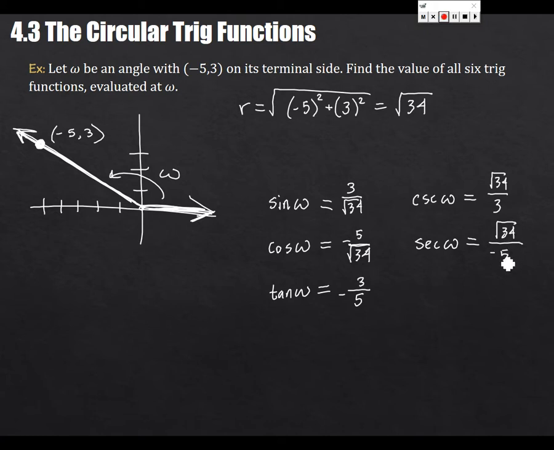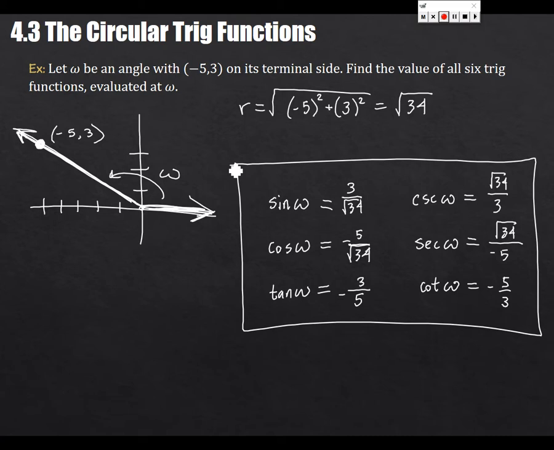Negative root 34 over 5, and finally, good. Questions? Thoughts? Comments?